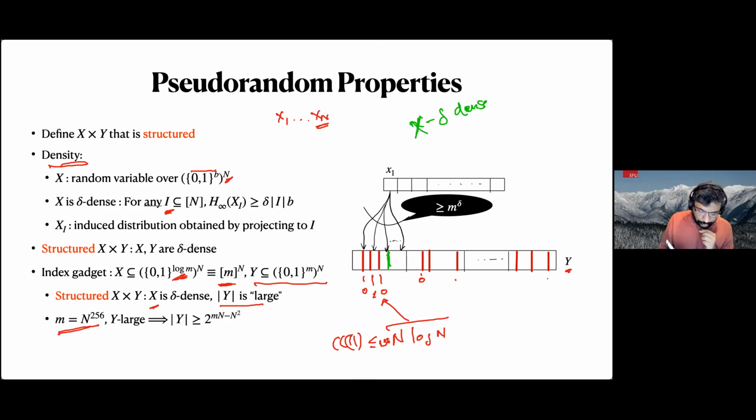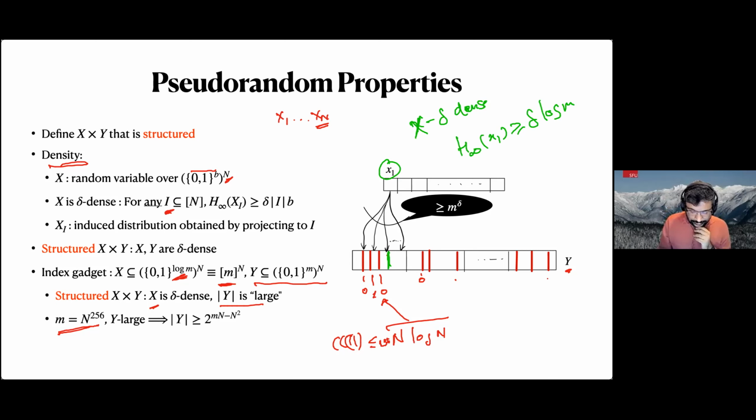This in particular means that if you look at the first pointer, which we call X1, the min entropy of X1, H infinity of X1, is going to be at least delta log m, because the number of bits in a block of Alice is log m. And the definition of density says that it's at least delta times that log m.